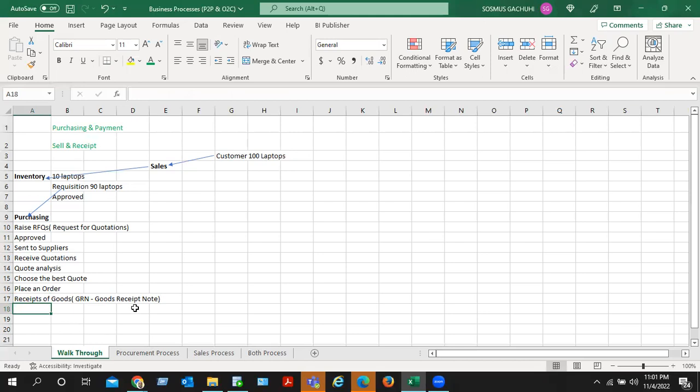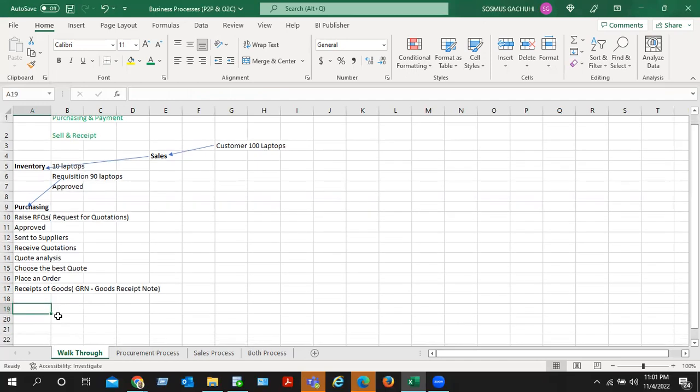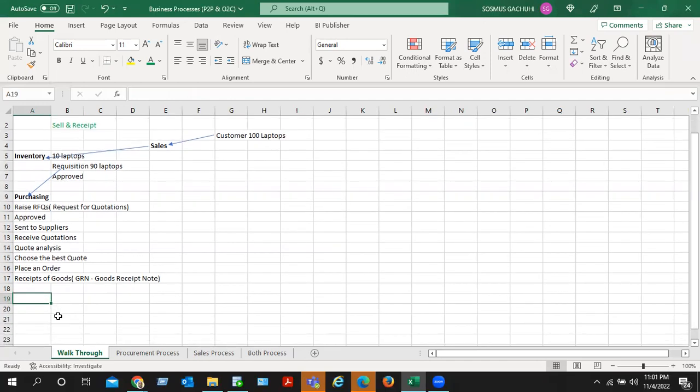Once the goods have been received, the information about the goods received will be communicated to another department we refer to as the payable department.